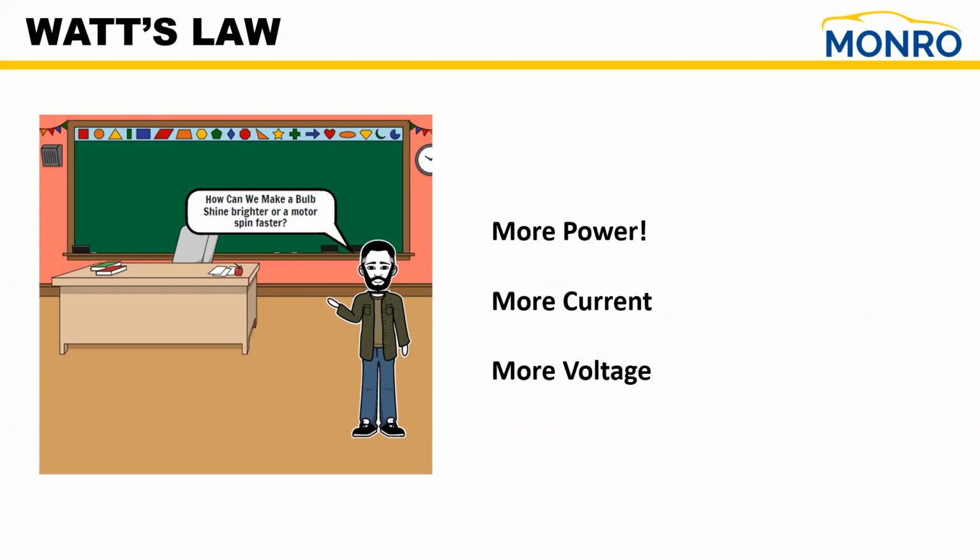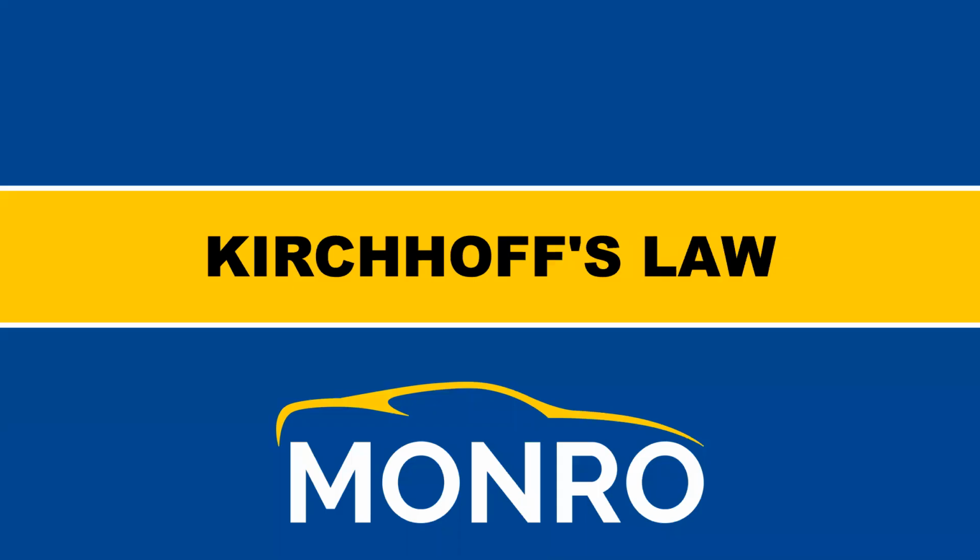And the answer is more power. And how can I do that? I can do that by either pushing more current through a circuit or more voltage. It's the difference between more current being regulated by electronics or more voltage being regulated by adding more resistance. But either way, we chose to do it.